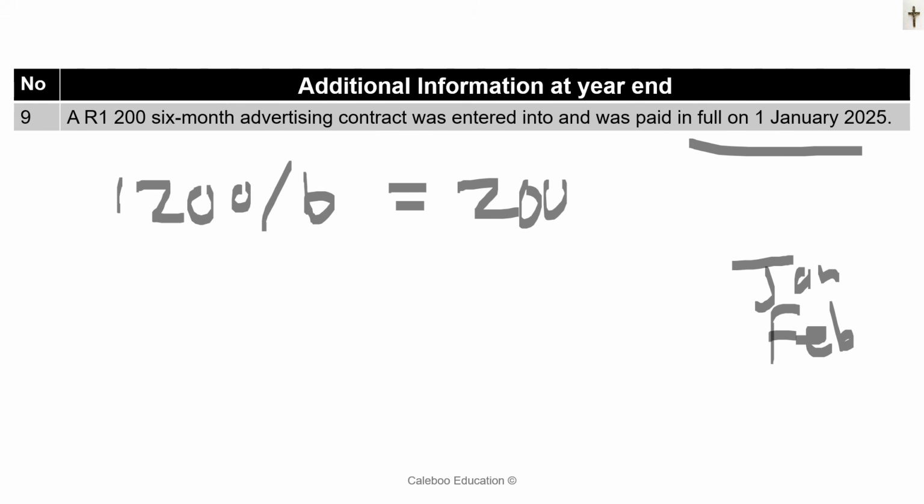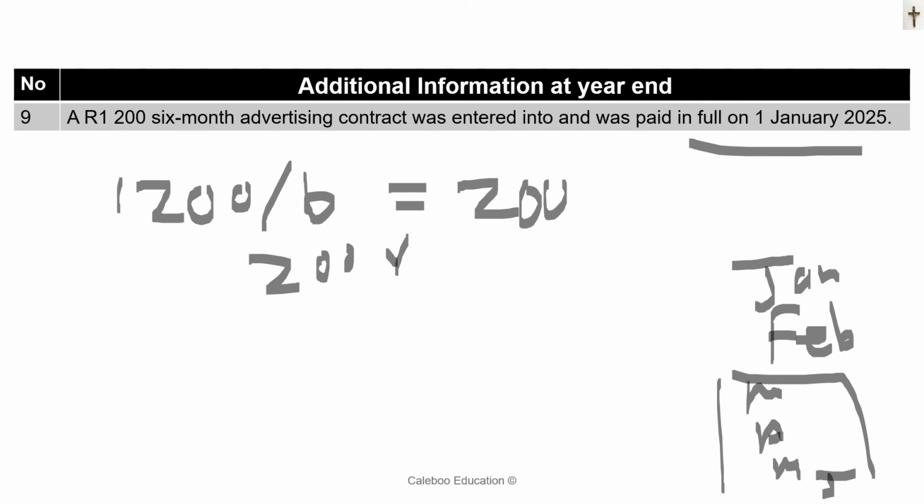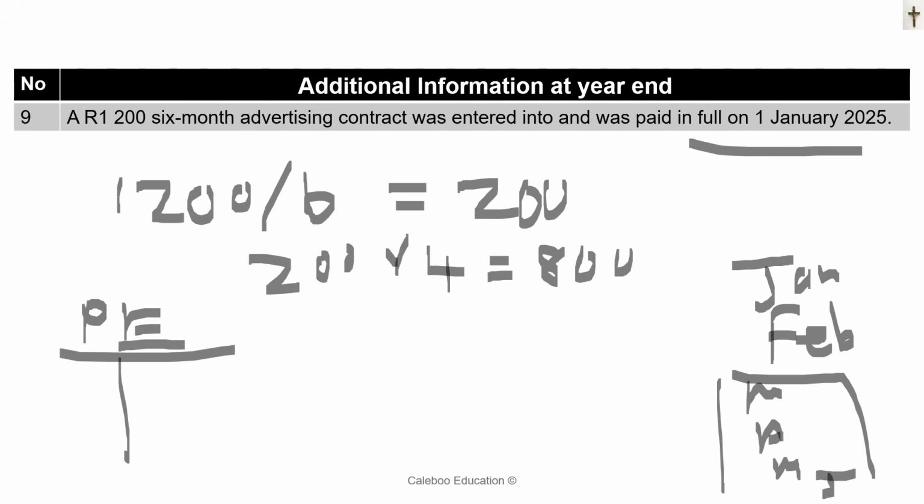This is a 6-month contract, so March, April, May, and June are examples here. It's been prepaid, the expense, for 4 months. So 200 multiplied by 4 is equal to 800. And the entry will look like this. Prepaid expense, this year was advertising, the expense.